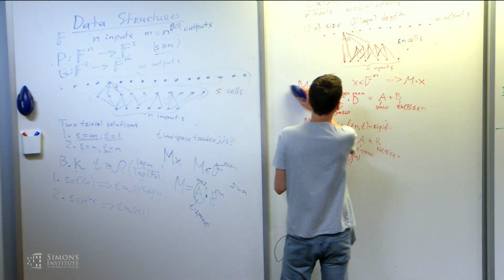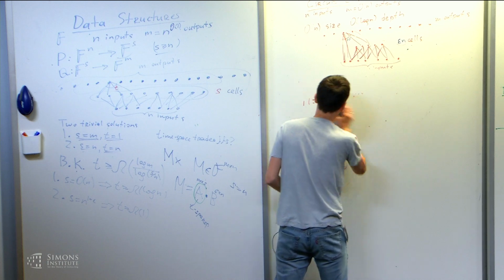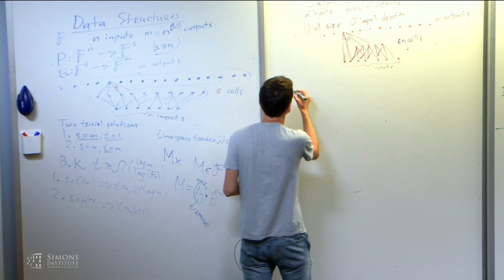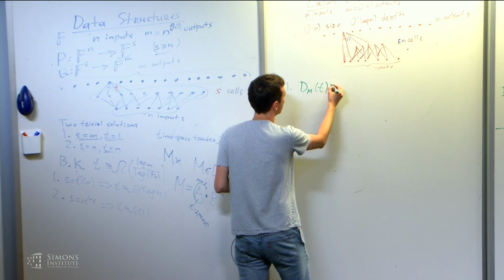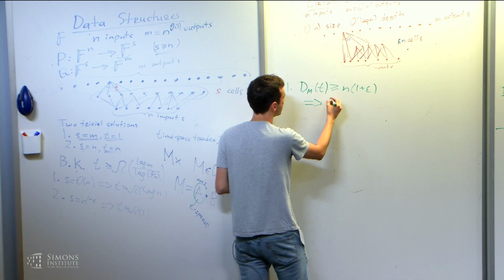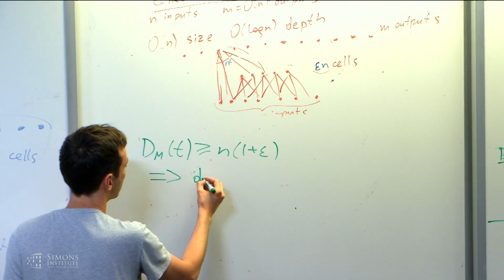So the theorem which we just proved basically says that if your matrix has large outer dimension, then it contains a submatrix with small inner dimension.